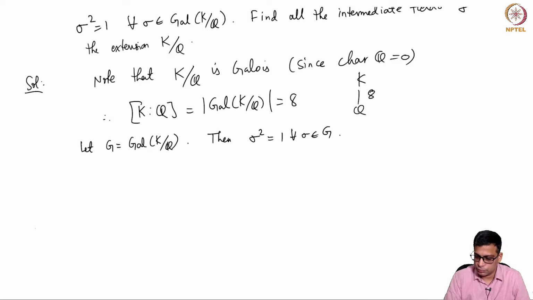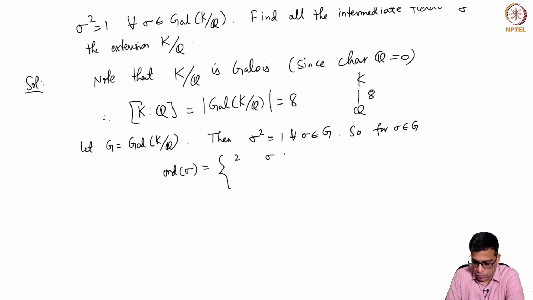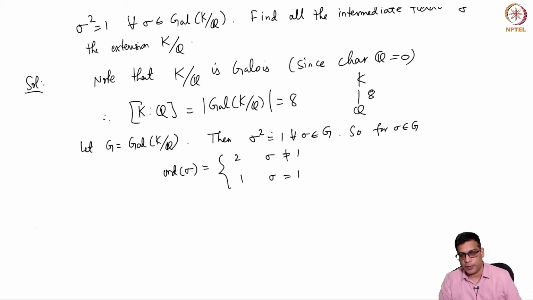This means the orders of elements of G are given like this: for sigma in G, the order of sigma is 1 if it is the identity, and for every non-identity element, sigma is not equal to 1 but sigma squared is 1, so that is an order 2 element.